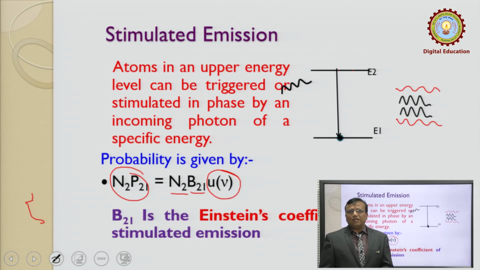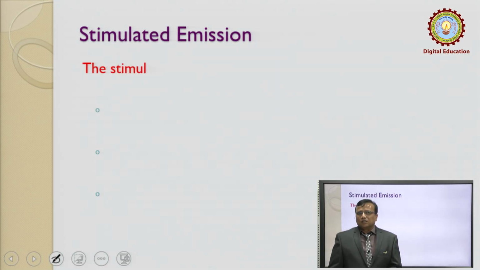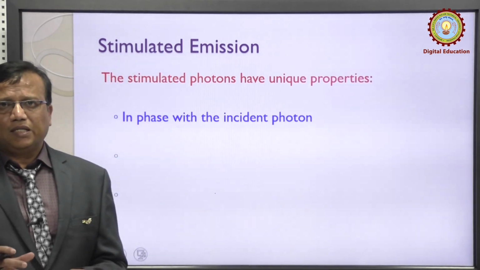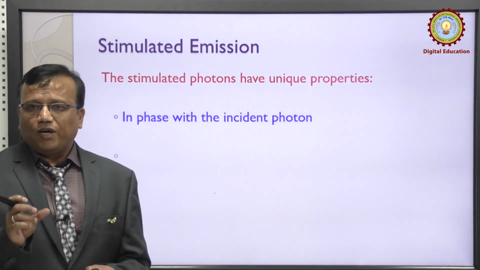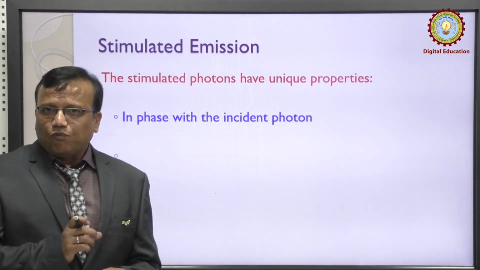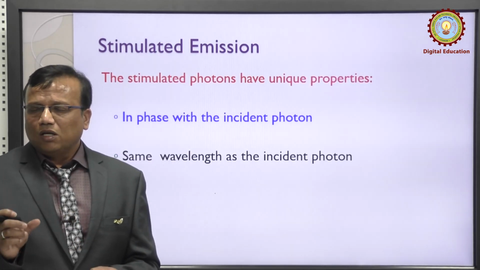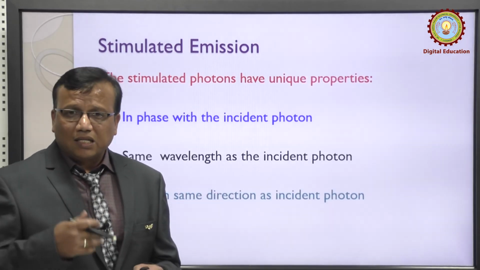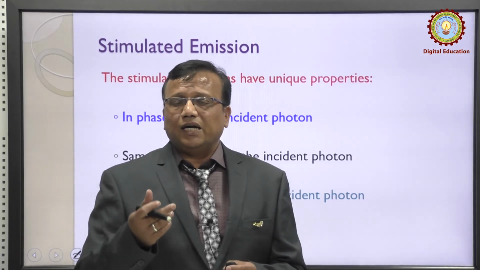Some properties of stimulated emission are that the emitted photons are in the same phase as the incident photon, they have the same wavelength as the incident photon, and they travel in the same direction as the incident photon.